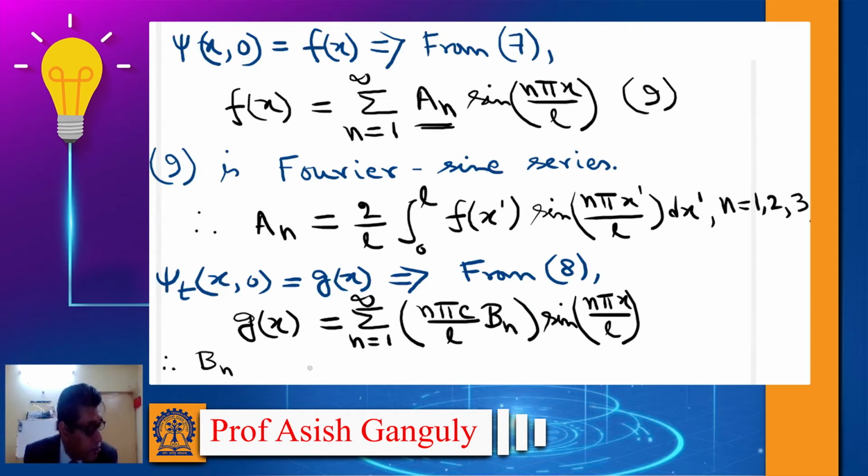So bn equal to 2 by (n pi c), integral 0 to L, g(x') sine(n pi x' by L) dx'. x' is just a dummy integral variable, that's why we are using it.